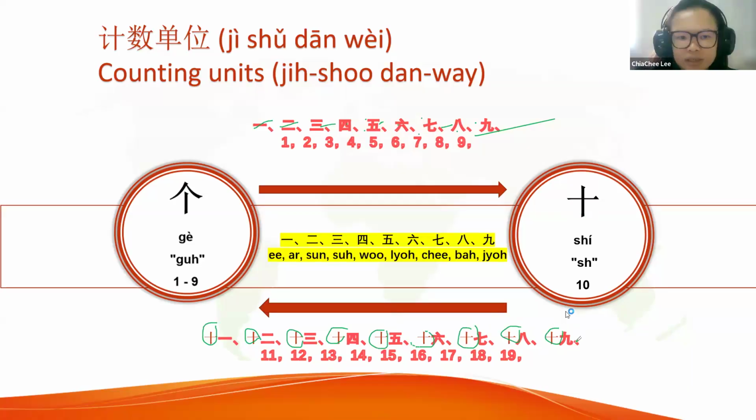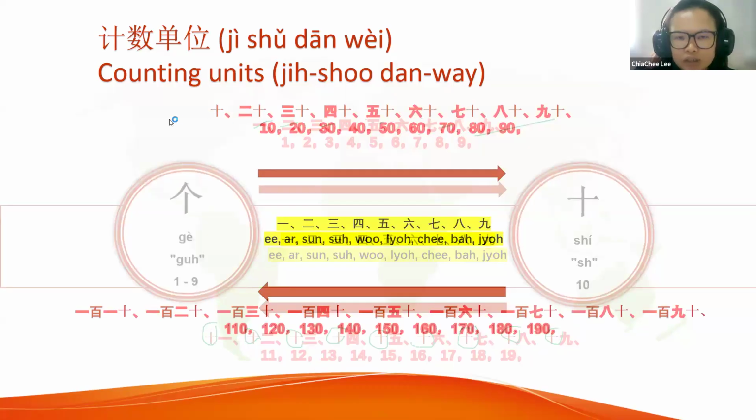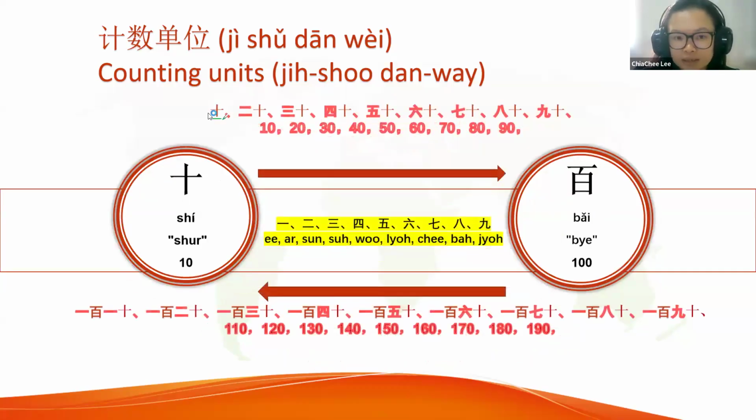Why do I say that? In the next slide, 10 is basically 10, and then 20, 30, 60, 70, 90. When the 10 is put behind the 1 to 9, it becomes a bigger number.